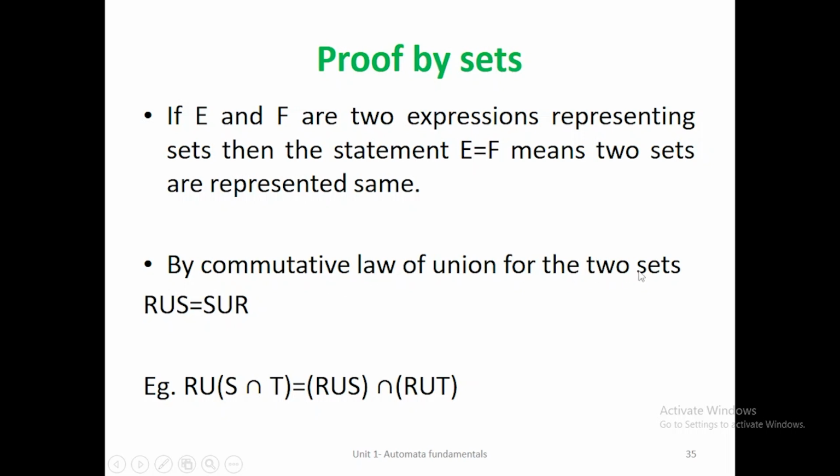Union of two sets are equal, which means that R union S equals S union R, in which R and S are two sets. For example, we should prove this concept: R union (S intersection T) is equal to (R union S) intersection (R union T). Let us try to prove this concept by proof by set theory.